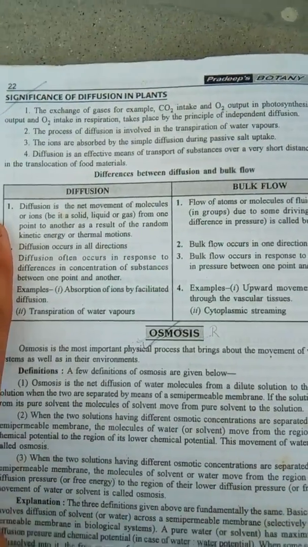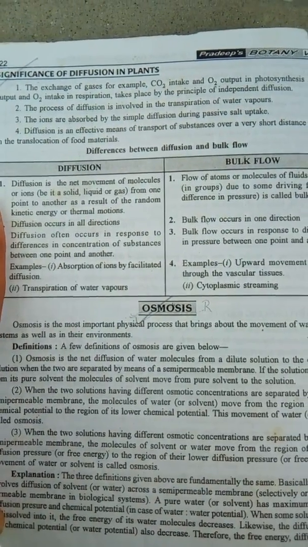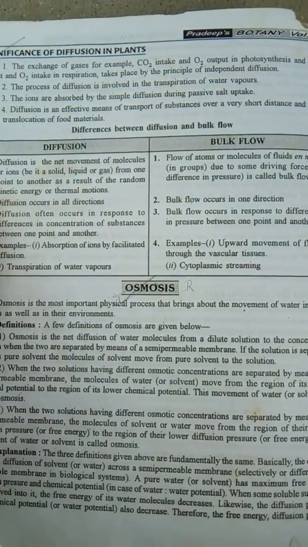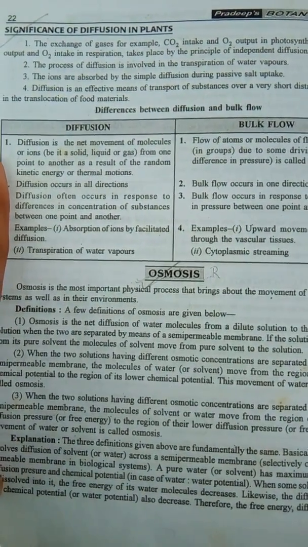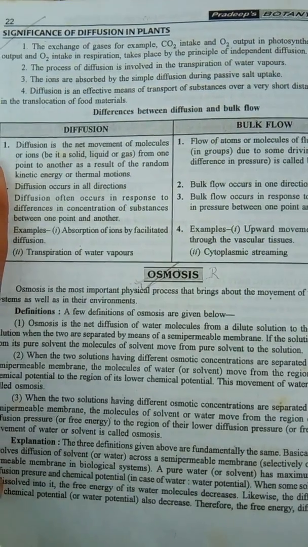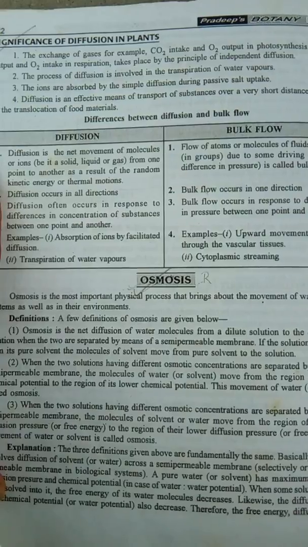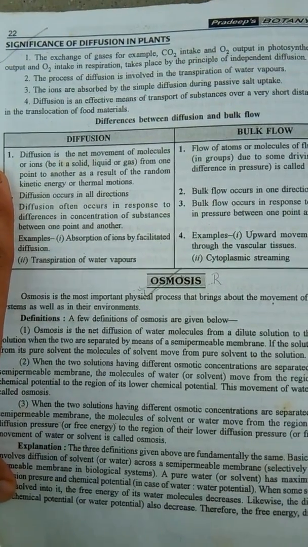Next is the significance of diffusion. The exchange of gases, for example carbon dioxide intake and oxygen output in photosynthesis, and CO2 output and oxygen intake in respiration, both depend upon diffusion. Both are based on the principle of independent diffusion.